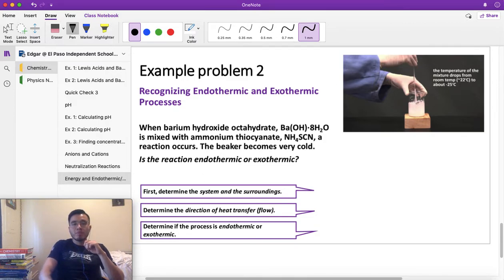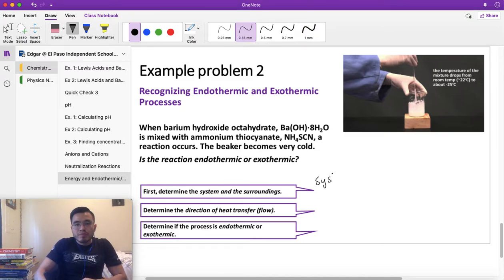The beaker becomes very cold. So beaker would be either the system or the surroundings. However, notice we have the chemicals, and we're going to focus on the chemicals because they're reacting, okay?